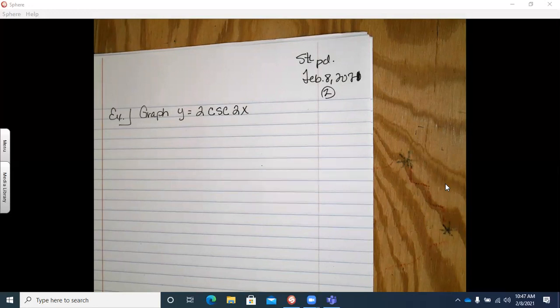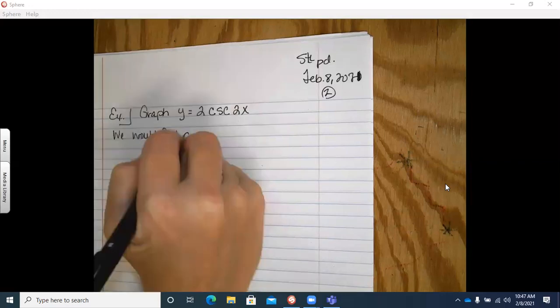Sine, right? Okay. So we would first graph y equals 2 times the sine of 2x. Everything stays the same except we replace cosecant with sine.